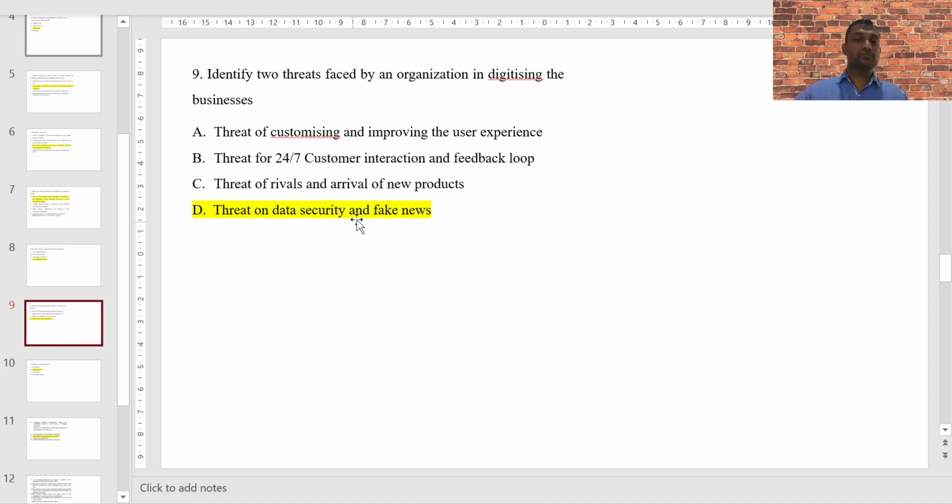So fake news about your business and products will be a threat to your business online. So the answer is answer D, threat on data security and fake news. Those are the two threats an organization can face when they digitize their business.